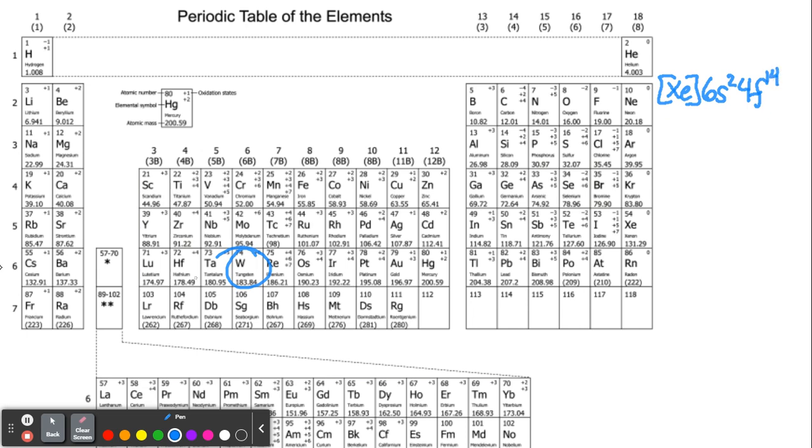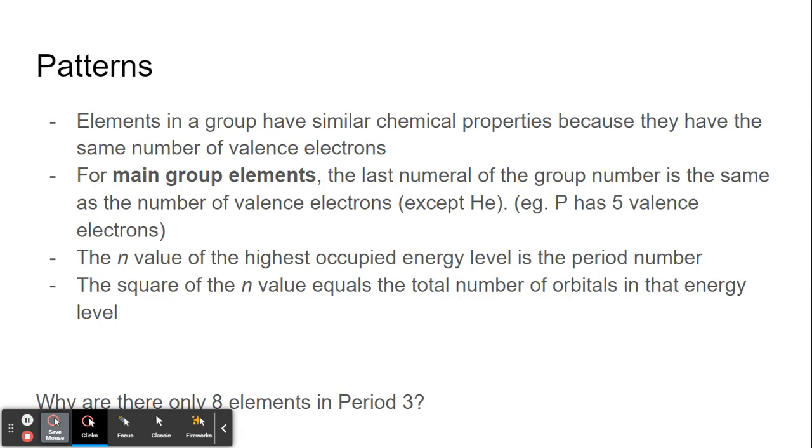And I have 1, 2, 3, 4 electrons in 5d. So there's my short form electron configuration. So I will give you some more time to practice these in the homework questions, but I want to spend some time talking about patterns.